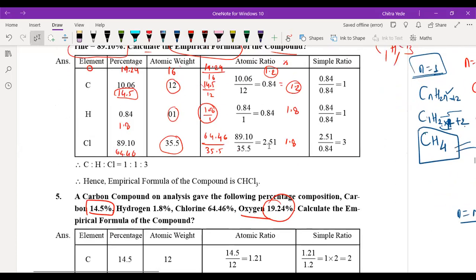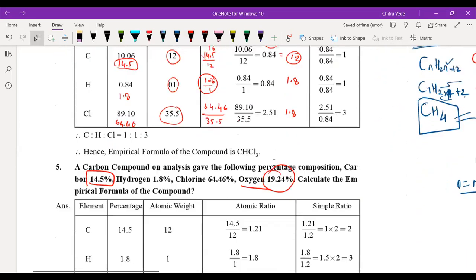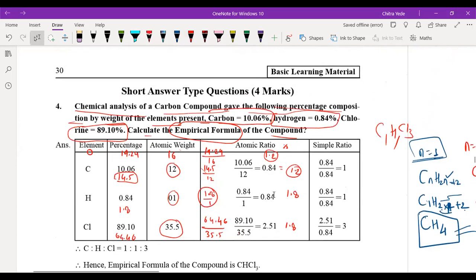Now we have to divide all by the smallest number, which is 1.2 here. So what will we get? Here 1.2 divided by 1.2 will be 1, and for the other one again we will get 1.